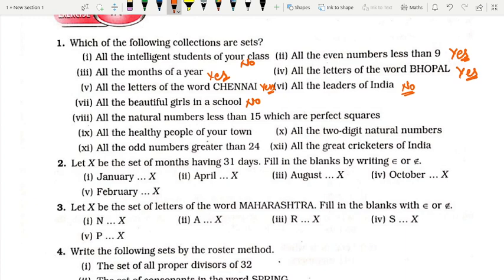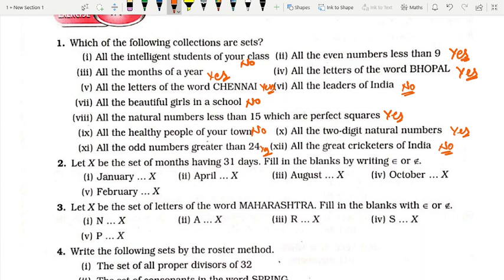All the natural numbers less than 50 which are perfect squares, yes, it is a set. All the healthy people of the town, no, it is not well defined. Two-digit natural numbers, yes, it is a set. The odd numbers greater than 24, yes, it is a set. All the great cricketers of India, no, we cannot say which one is greater, all are great by the way, so it is not well defined. So you will do this exercise in your book only.